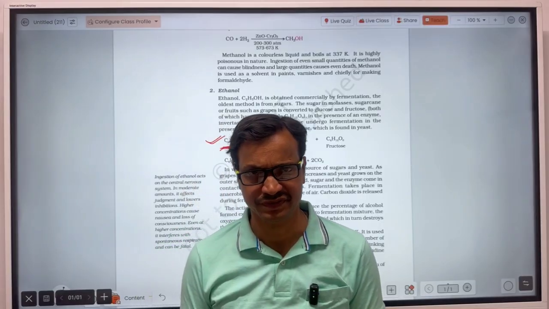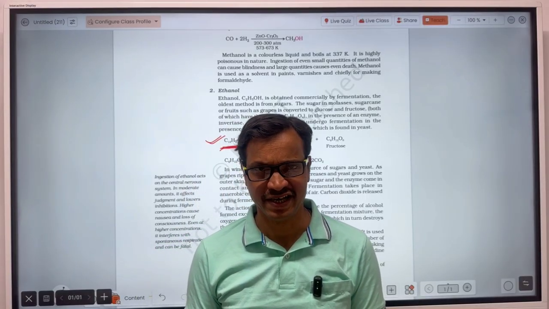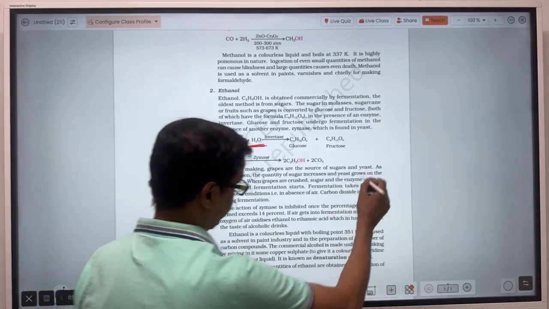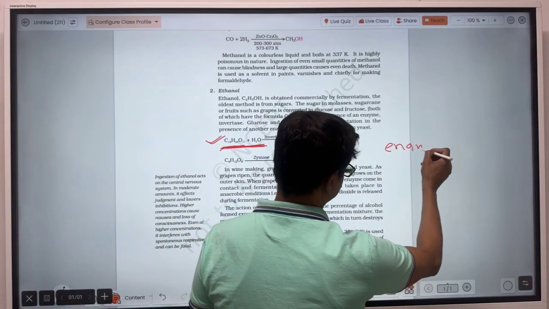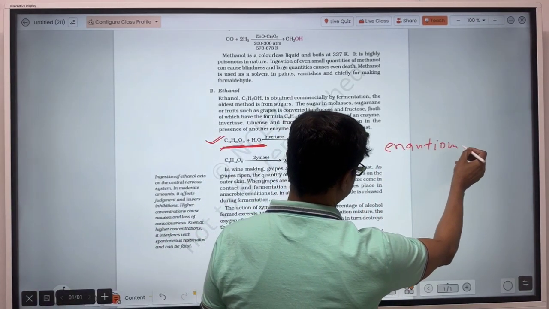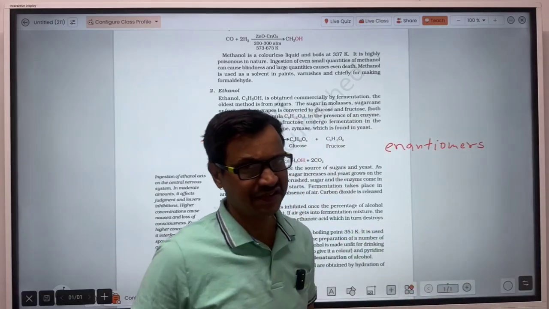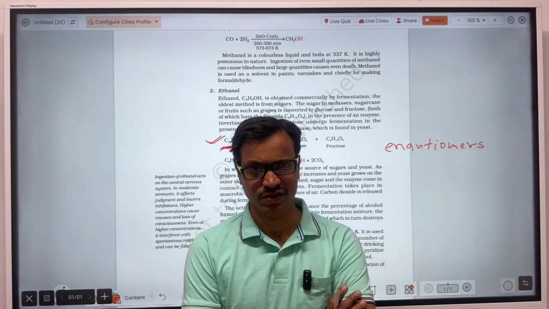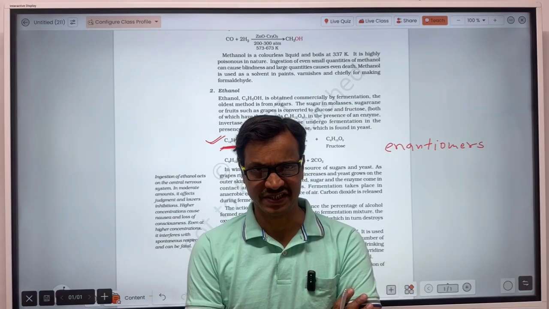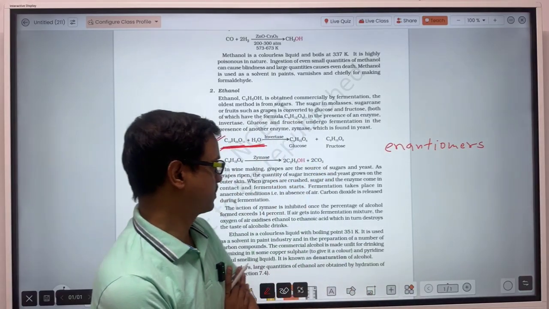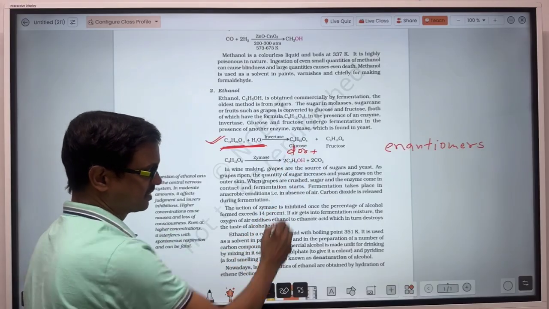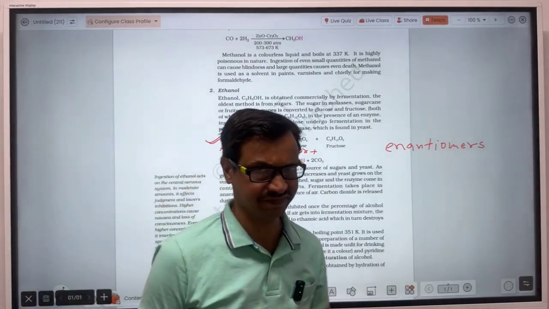I have already told you that glucose and fructose are isomers. Both have the same molecular formula but opposite optical activity. Glucose is dextrorotatory and fructose is levorotatory.